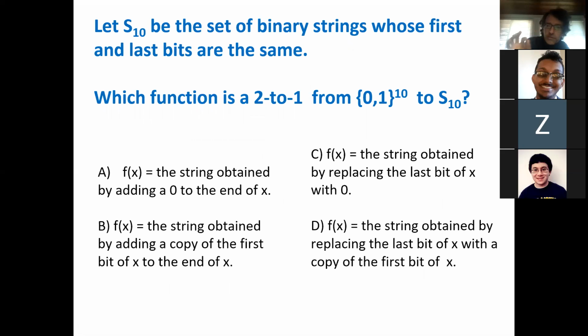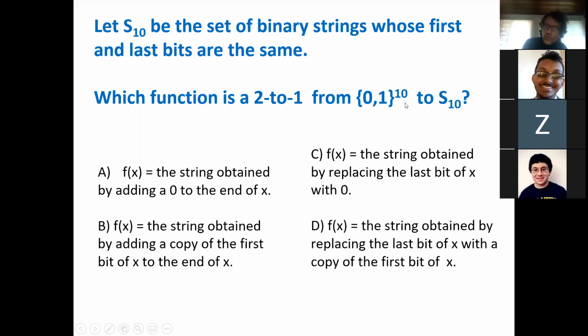Let's look at the same example and now cast it as a case of a 2-to-1. Perhaps instead of counting 9-digit strings, I count 10-digit strings. This will help me count these strings with a constraint.